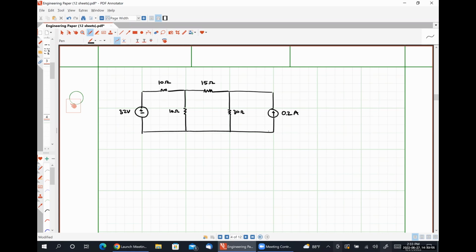Now, we want to find VTH, I Norton, and RTH as seen by the 15 ohm resistor.